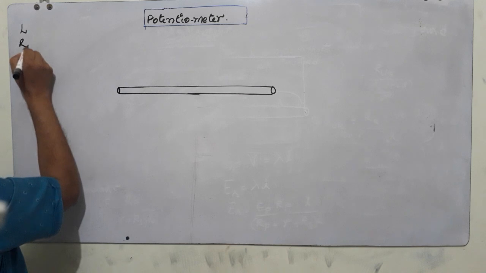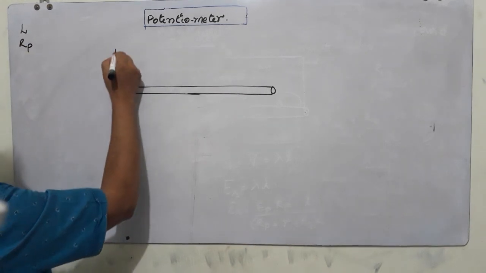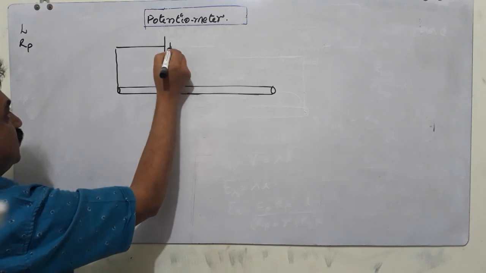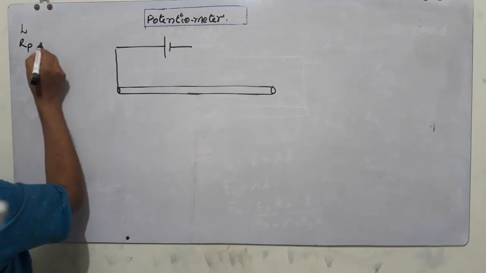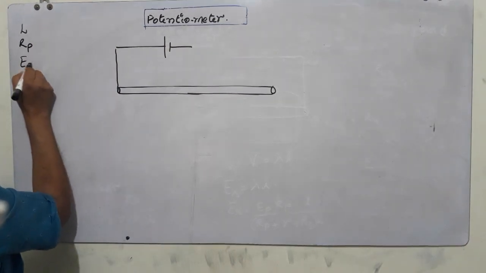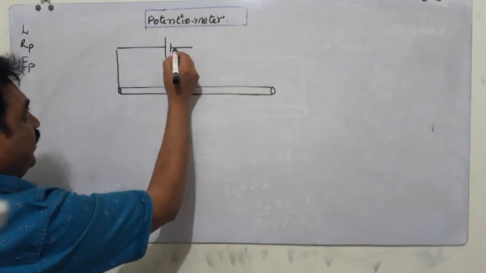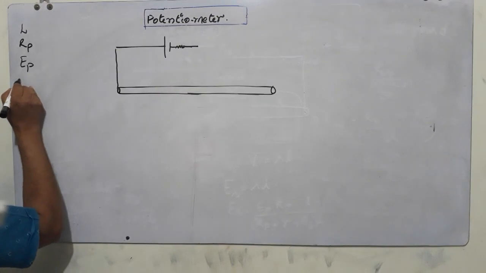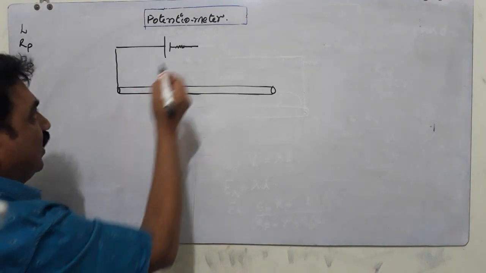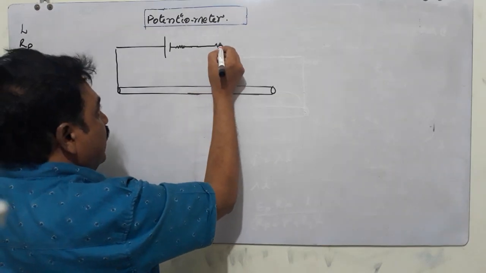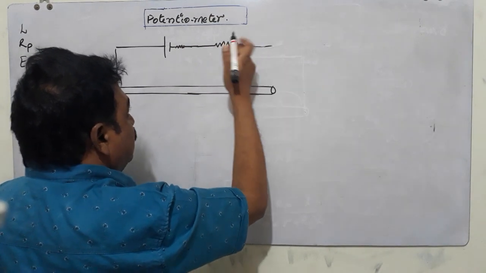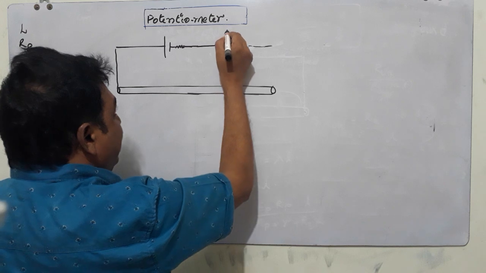its resistance is Rp, and it is connected to a standard cell whose EMF is Ep, and it may possess some internal resistance, say the internal resistance is r, and it is also connected to a separate instrument called a rheostat.